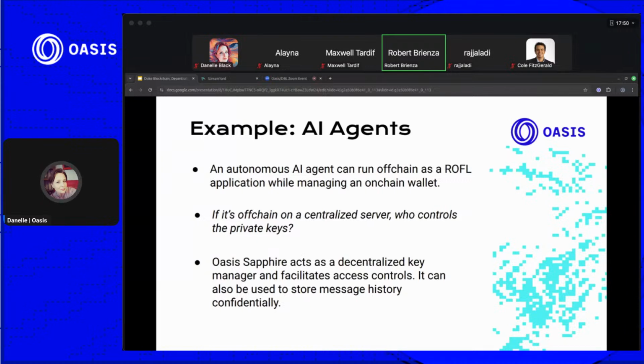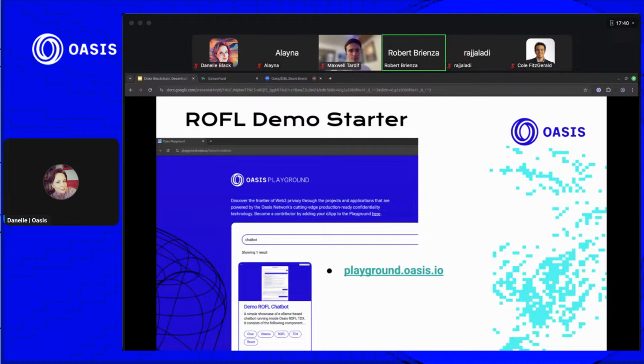So also, though, you could do things like storing message history confidentially. This gets into more specifics of the kind of application that you want to build, but this is still useful, and it has actually been done by us. So our team built this Raffle demo starter, and right now it's just on testnet. But you can go to this link, playground.oasis.io, and check it out. I also have the URL here.